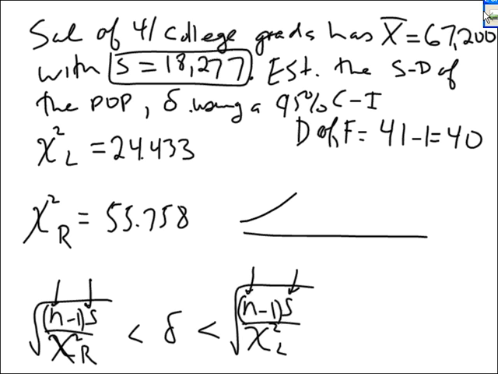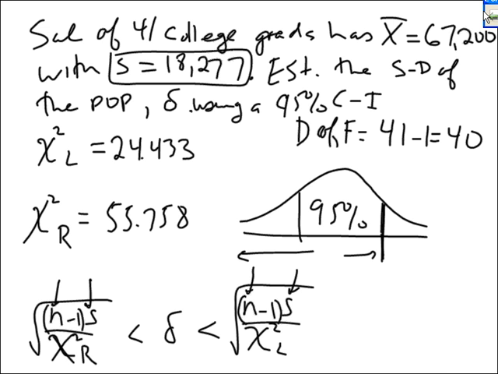Say 95%. So in the middle, you have 95%. So from the far left all the way to the 95%, well, you remember, if 95% is in the middle, you have 5% left over.